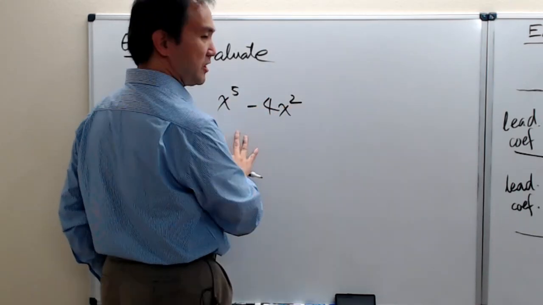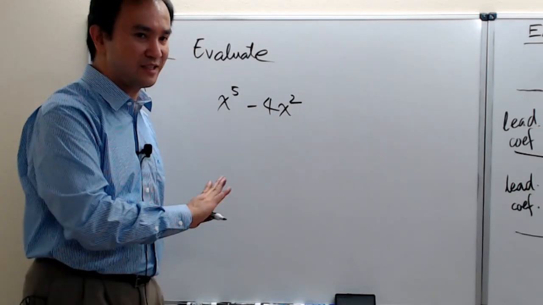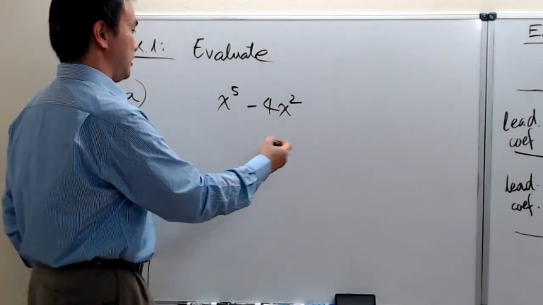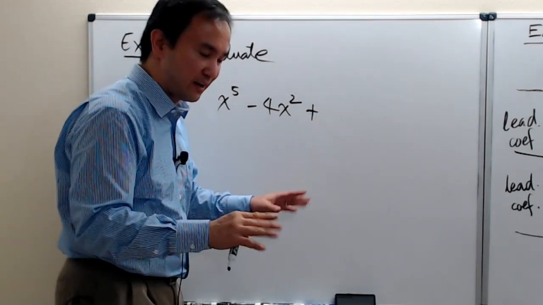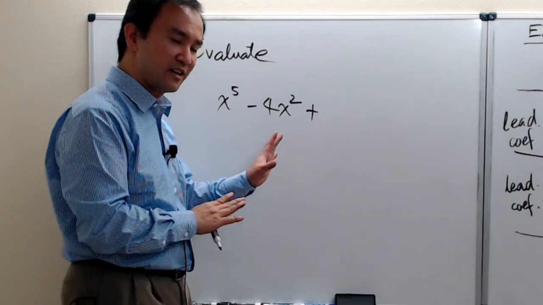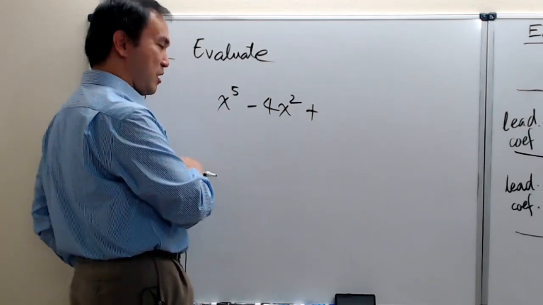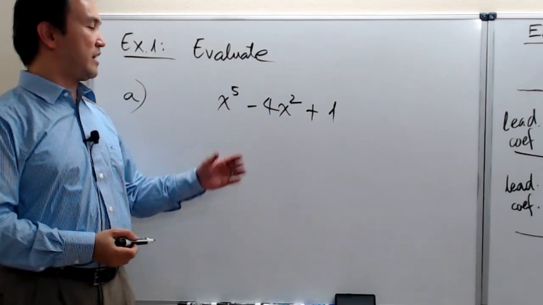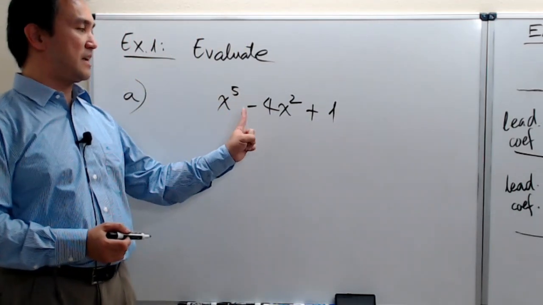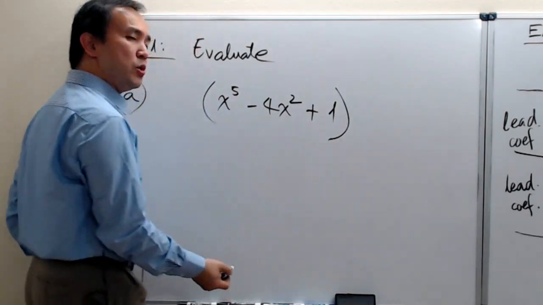Really make sure you take note, because this is completely out of my own creativity, so once I erase it, it's gone. I just want to show anyone how dynamic it is. You can quickly apply your understanding from algebra, now apply that into our calculus understanding. So coming out of my own creativity, we have a polynomial x to the 5th minus 4x squared plus 1. Let's evaluate this.